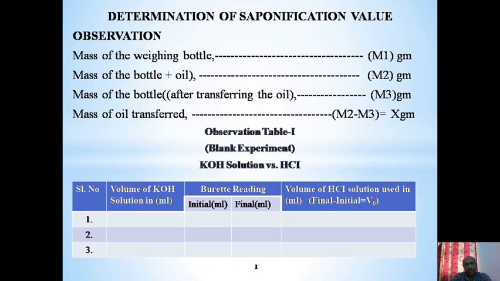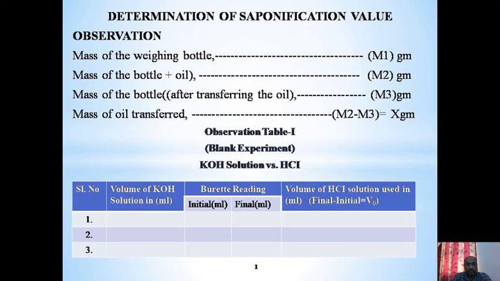First we have to write the serial number. A minimum of 3 titrations should be done to get an accurate result, so we can minimize any kind of error. That's why we have to take at least 3 readings.